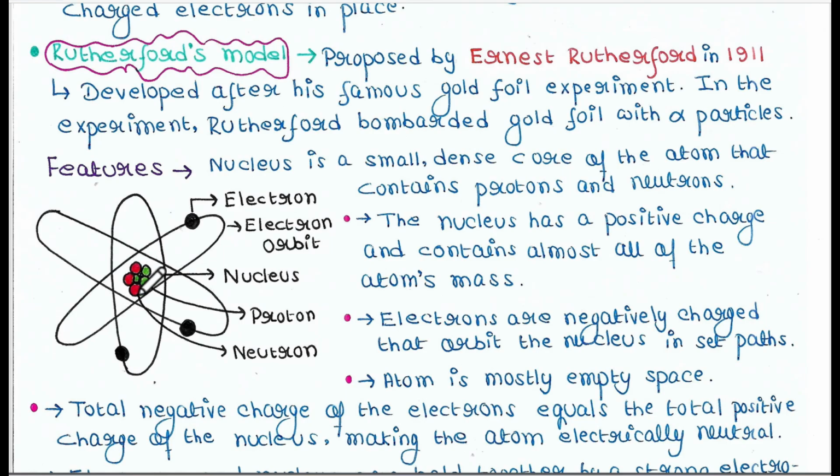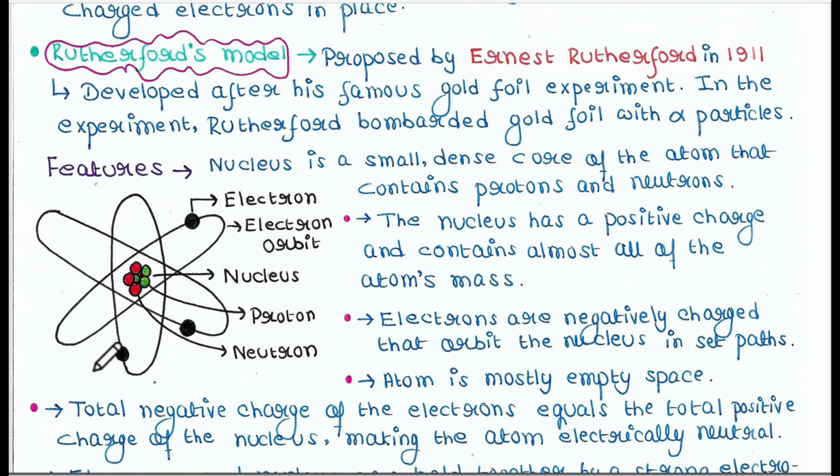The nucleus has a positive charge and contains almost all of the atom's mass. Electrons are negatively charged and orbit the nucleus in set paths. So these are electrons which are moving around the orbits. This atom is mostly empty space.